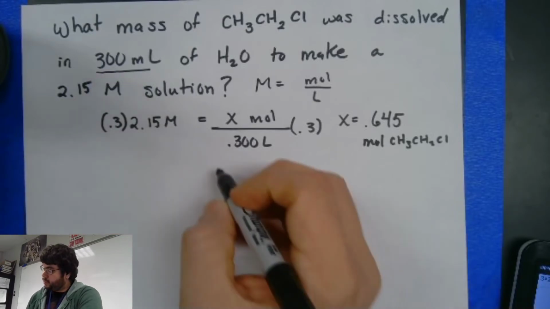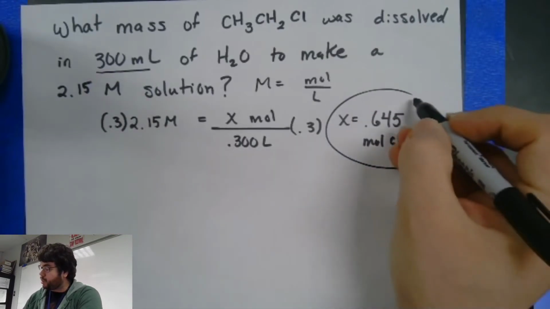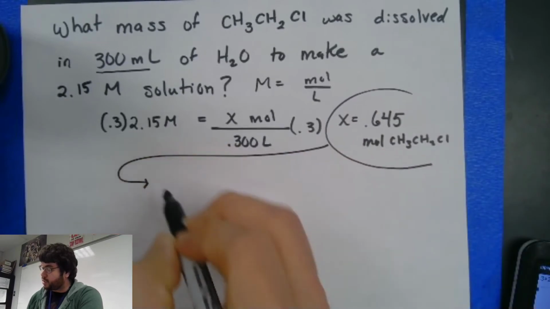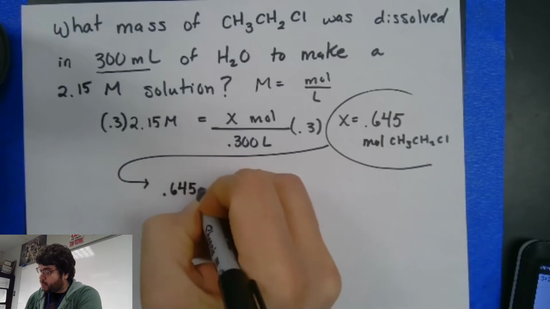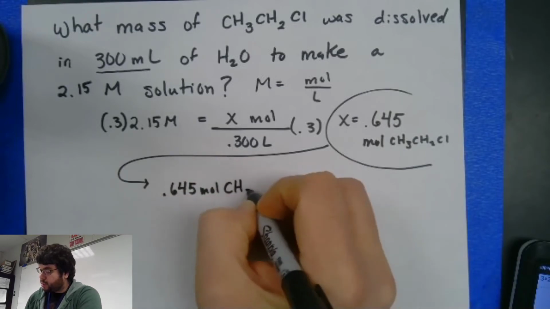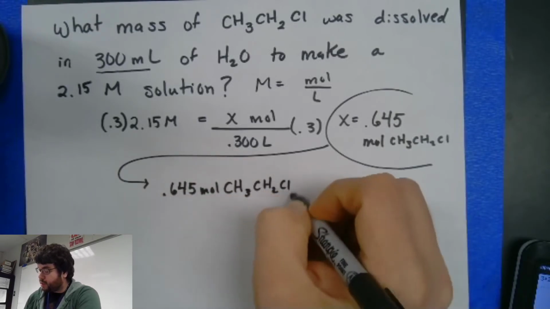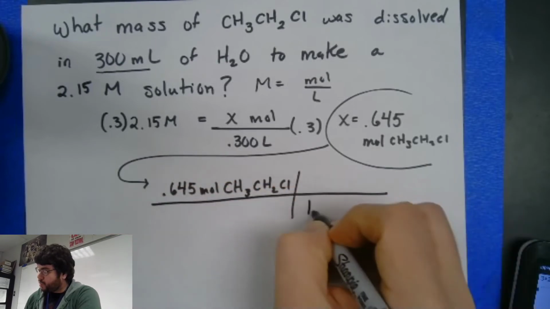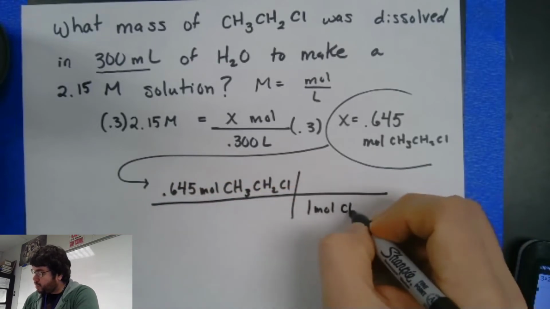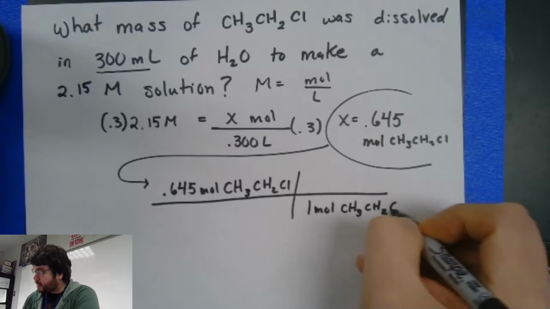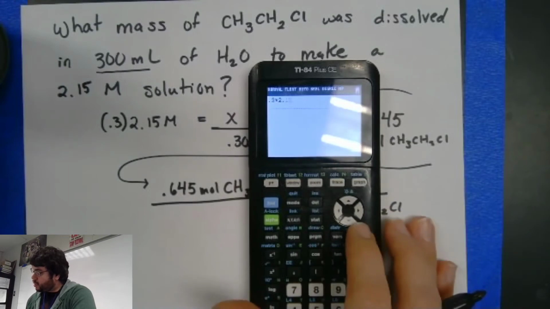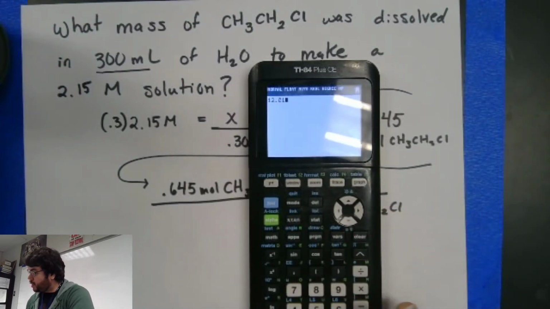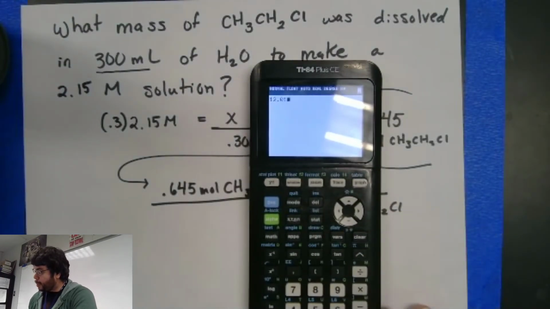And so from here, I'm going to go ahead and do my standard stoich stuff and convert to grams. So 0.645 moles of CH3CH2Cl, convert to grams by multiplying by the molar mass. 1 mole of this compound has a mass of, so let's figure that out. 12.01 for the carbon.